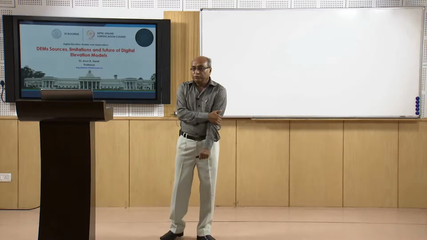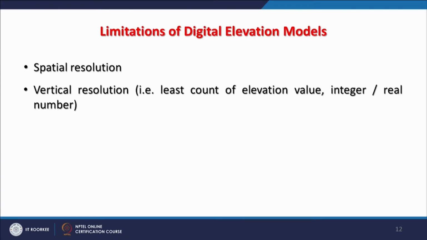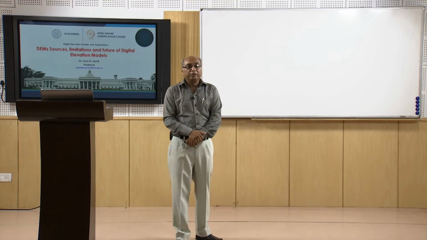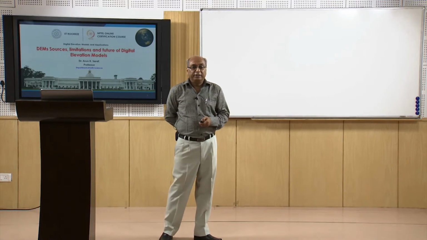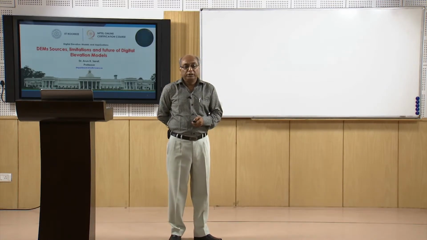Vertical resolution, as you know, is basically the least count, whether the values vary in terms of meters or in centimeters. Generally the values of each cell of a digital elevation model are given in real numbers, so the values are even available at centimeter level. So that vertical resolution is good.